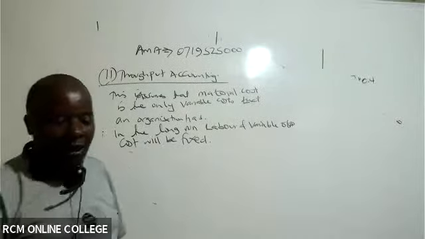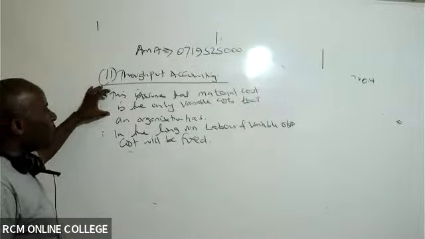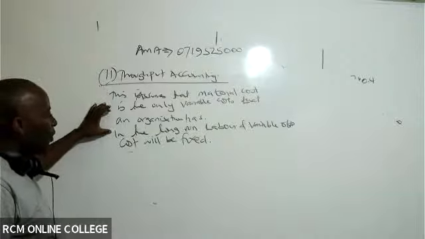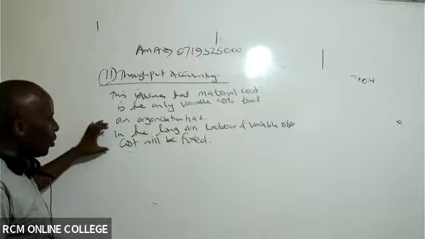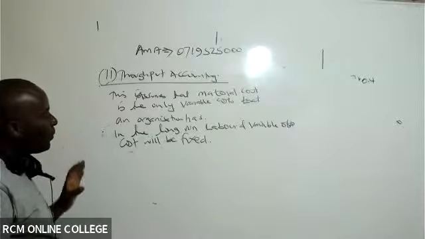The very good thing here is to look at this throughput. It assumes that material cost is the only variable cost that an organization has. In the long run, labor and the variable overhead cost will be fixed.